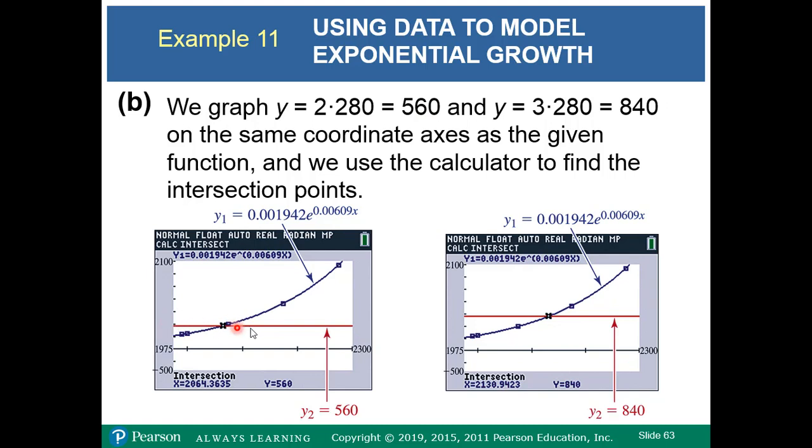If we plot this red line, we can find out where those two graphs intersect by using the intersection function under the second trace key. And then it'll tell you right there the intersection point at 560.